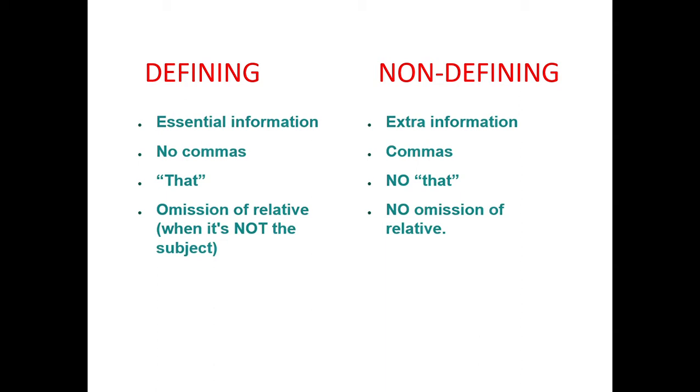You can use that in defining clauses, while in non-defining clauses you can't use that. You can omit the relative pronoun when it is not the subject, while in non-defining relative clauses you can't omit the relative pronoun.